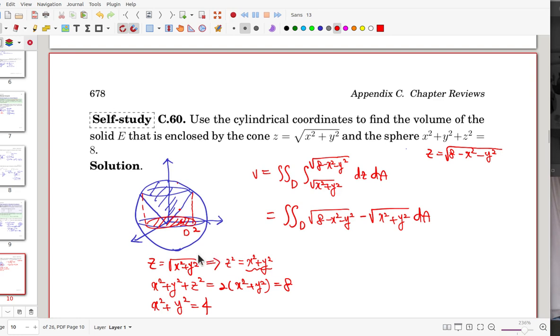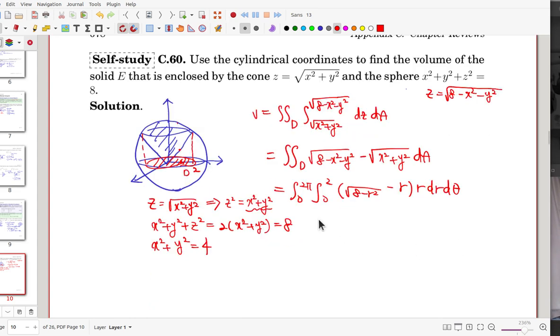D is the whole disk, so theta is from 0 to 2 pi and r is from 0 to 2. The first term is square root of 8 minus r squared, the second is minus r, and we have another r, dr d theta.